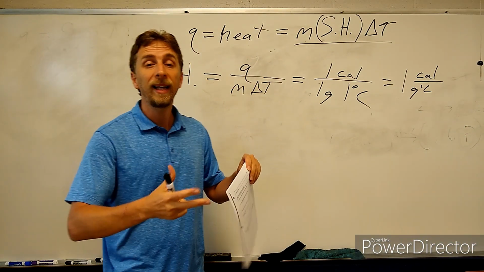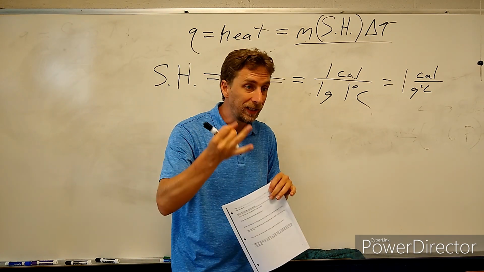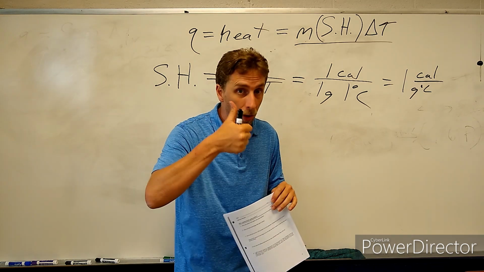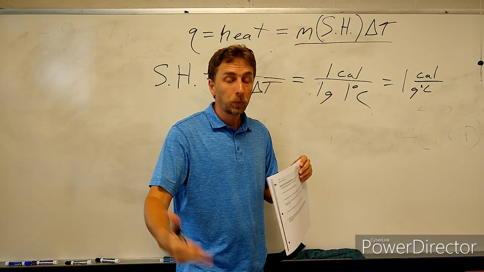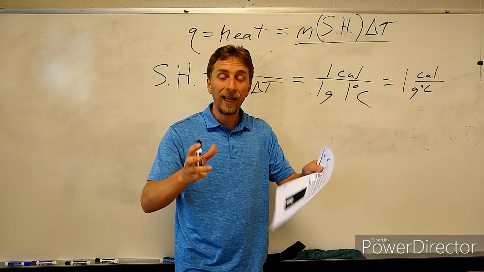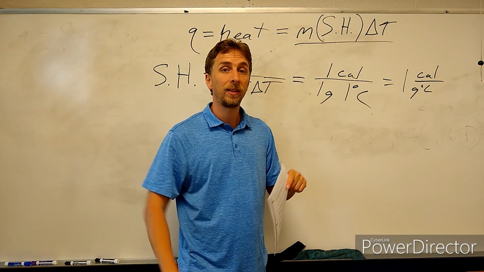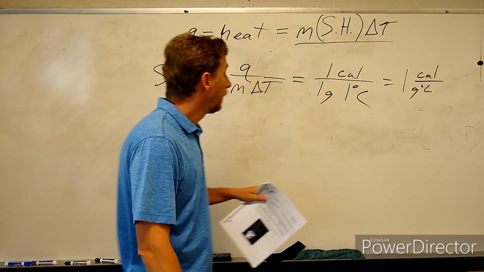Okay? 1 calorie per gram. That says 1 gram of water requires 1 calorie to go up 1 degree Celsius. That was the original definition of the calorie, the amount of heat required to raise 1 gram of water 1 degree Celsius.